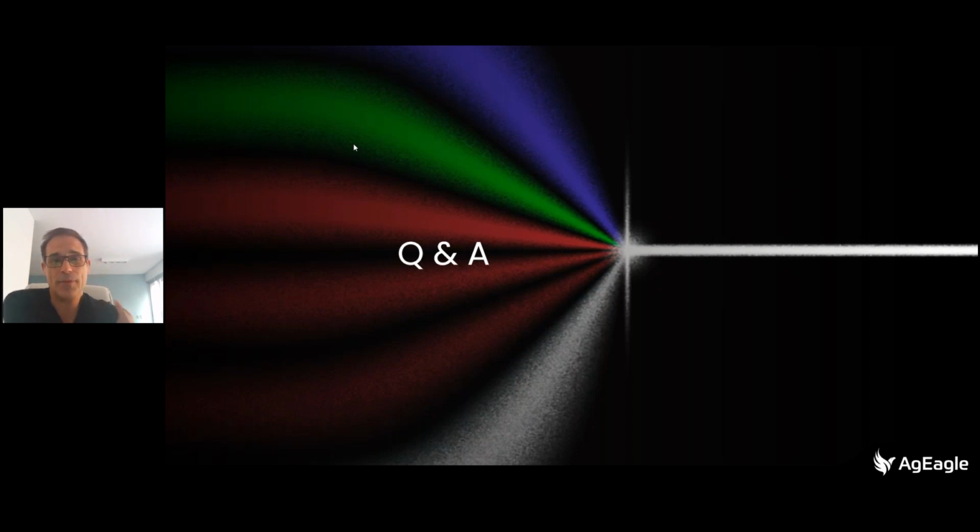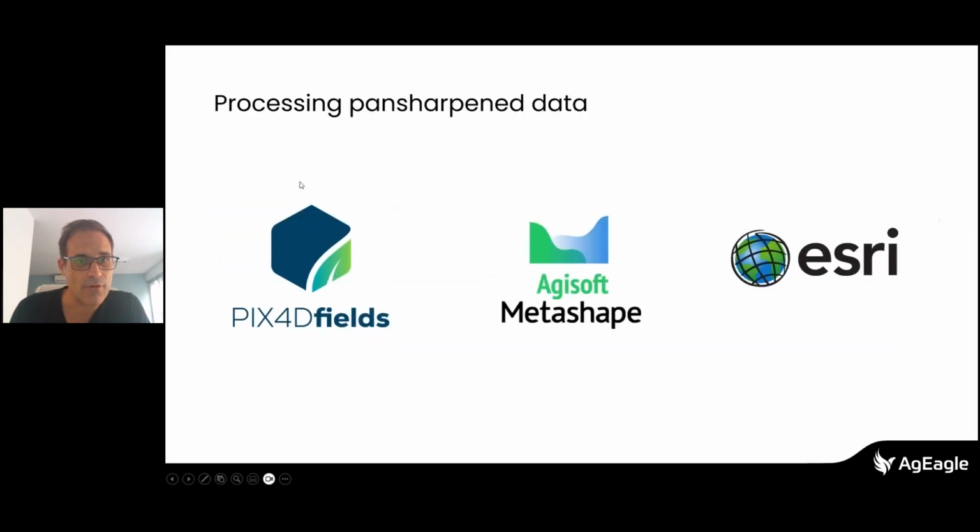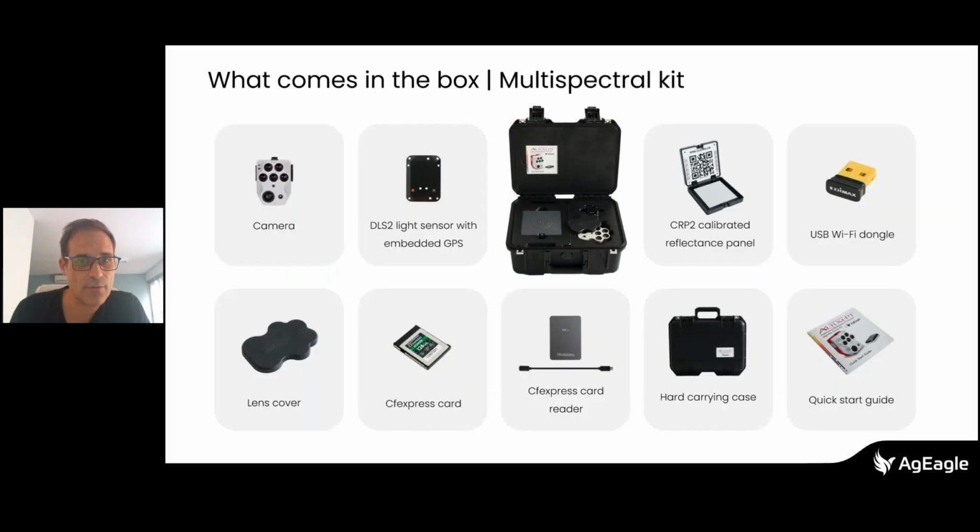Can the Red Edge be attached to a PixHawk flight controller easily? Yes. By default, if you buy a camera with us, it comes in a box. Here I have a picture of what comes in the box: the light sensor, the camera, the lens cover, express card, the express card reader, the calibration panel, the hard case, the USB Wi-Fi, the quick start guide, and it's not mentioned here, but it also comes with all the cables for integration with PixHawk.